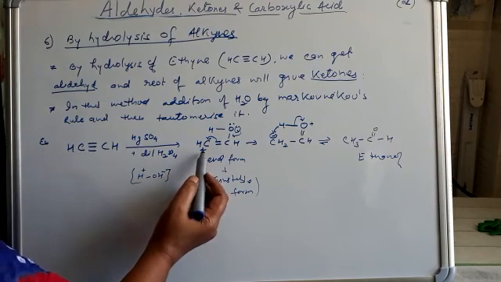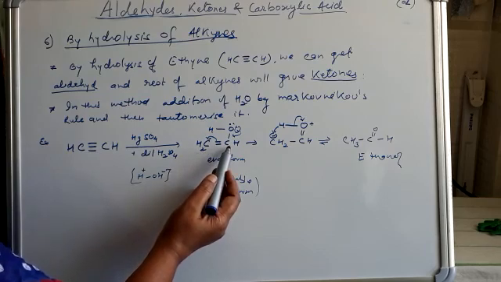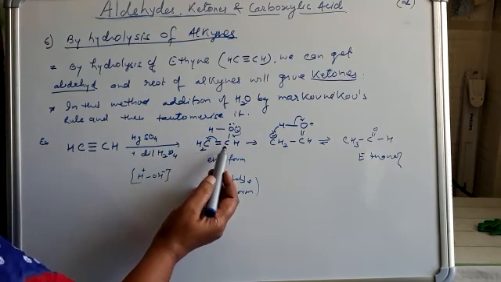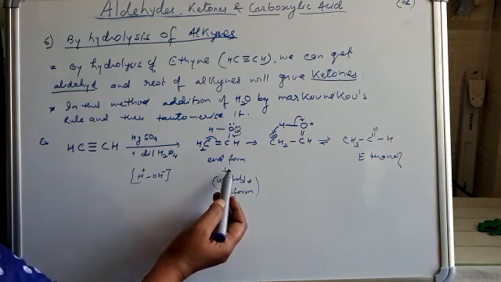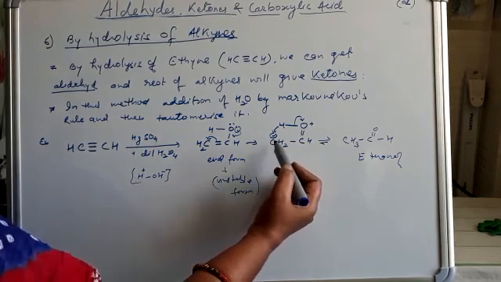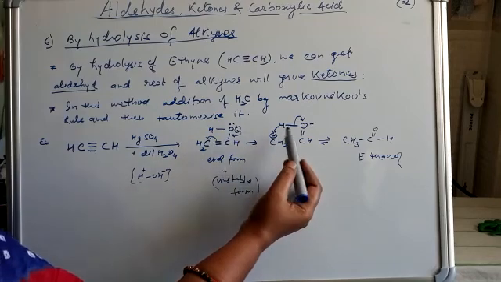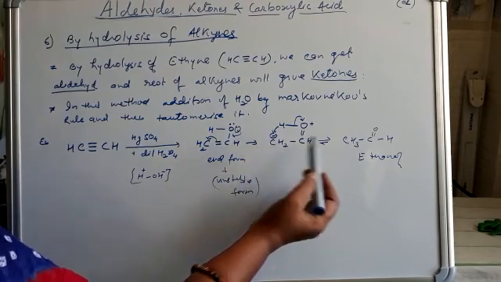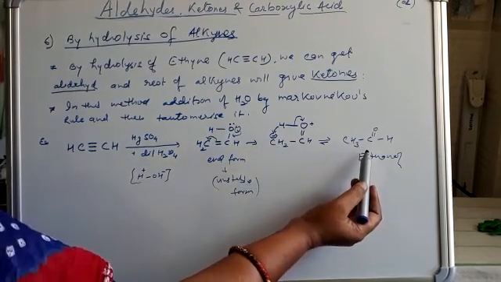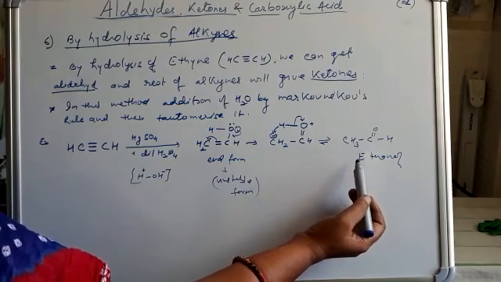In that condition vinyl alcohol is formed, and this is an unstable form known as the enol form, and tautomerization takes place, meaning shifting of a proton from one side to another. This proton shifts towards this and acetaldehyde is formed. Try to understand this mechanism.